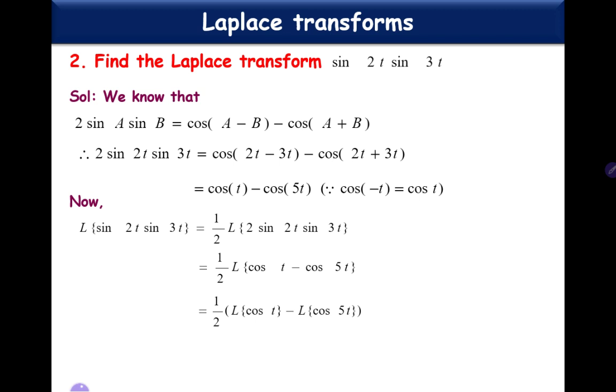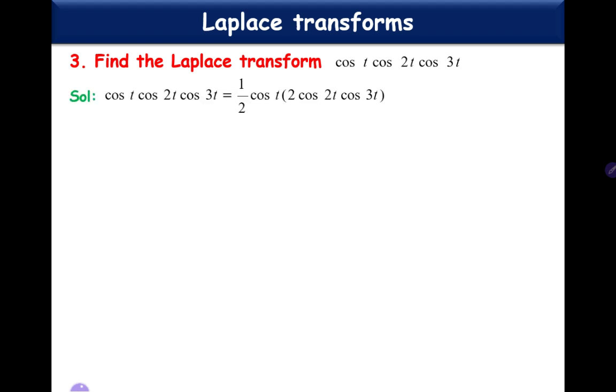L of cos t is s by s square plus 1 and L of cos 5t is s by s square plus 25. Taking LCM and simplifying, we get 12s by s square plus 1 into s square plus 25. This is the Laplace transform of sine 2t into sine 3t.